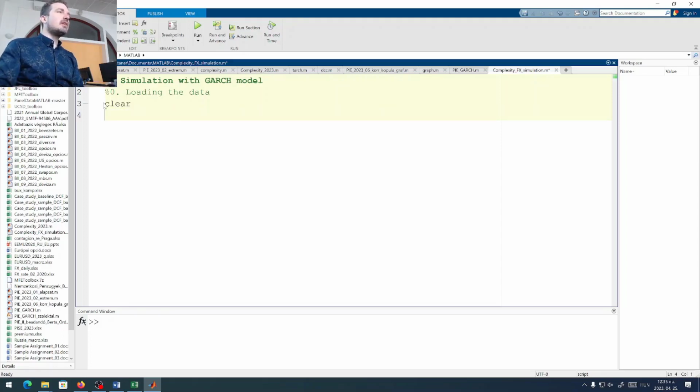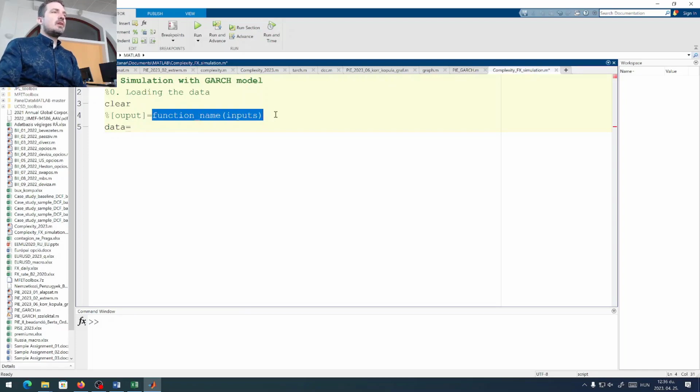We will start with the clear. In this case, the clear is removing everything from the workspace, so it can be useful. Then the data. So the structure for all the functions in MATLAB is output equals function name and inputs.